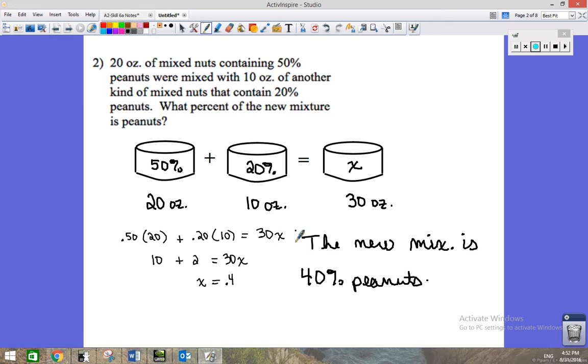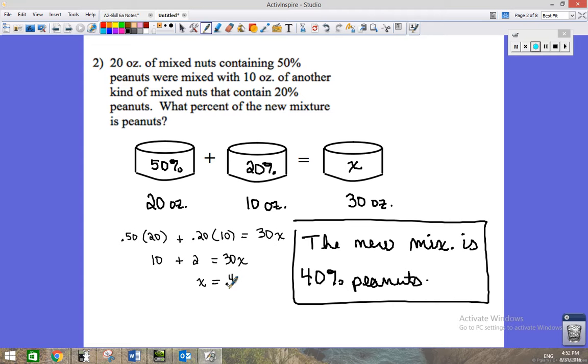And that's all I wanted to know. I just took that 0.4, I took the decimal point and moved it over two places.